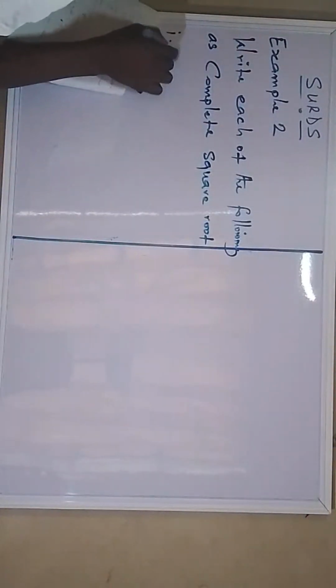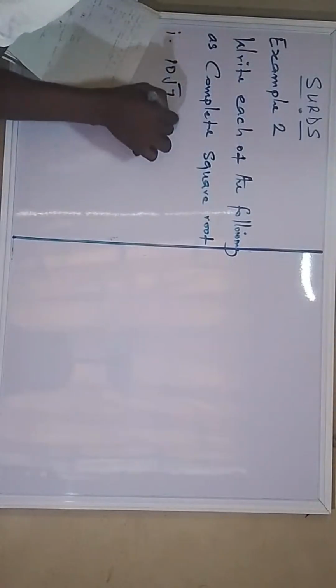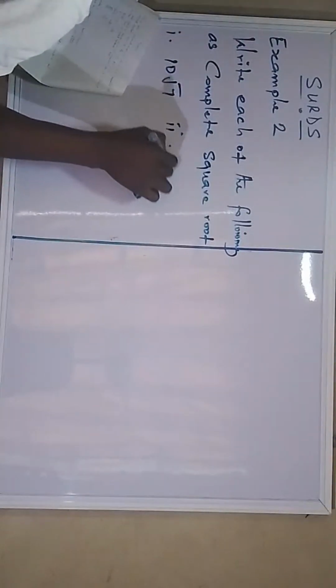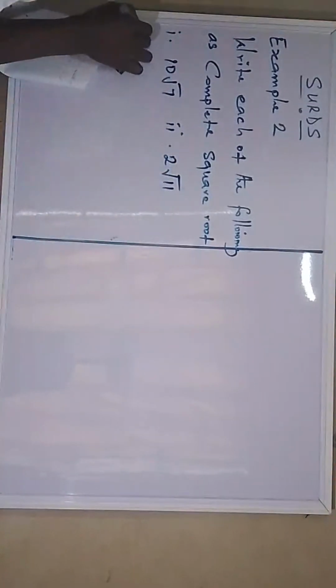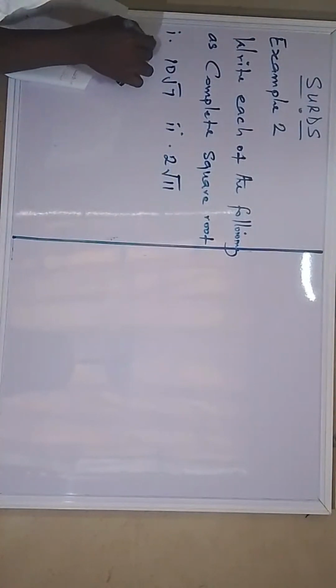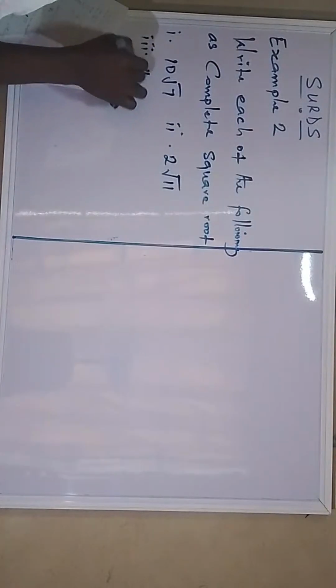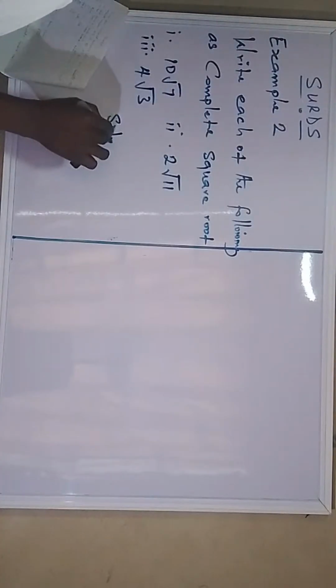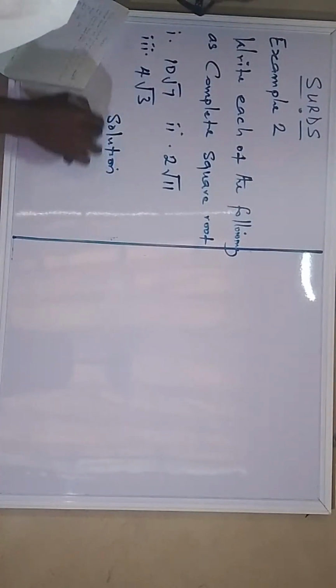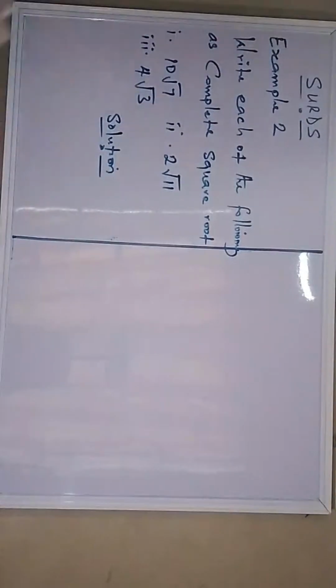The first one is 10 square root of 7. The second one, 2 square root of 11. And then the third one, 4 square root of 3. All right, so this is the second example.